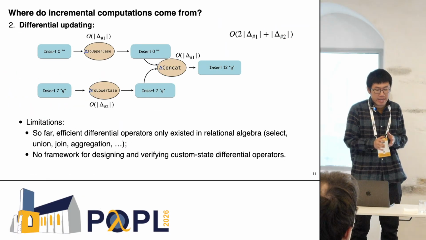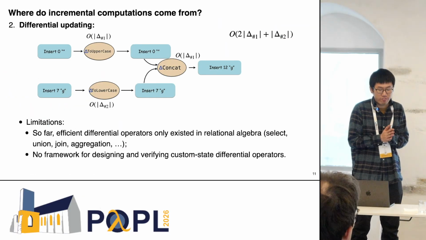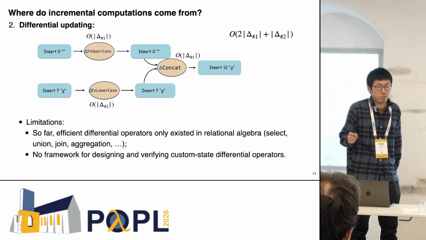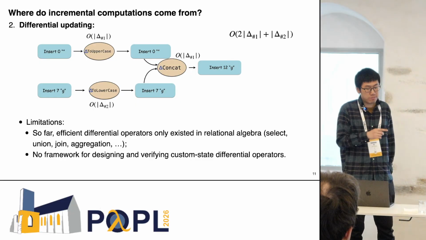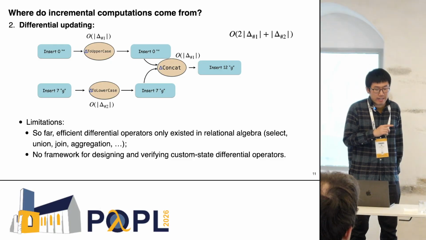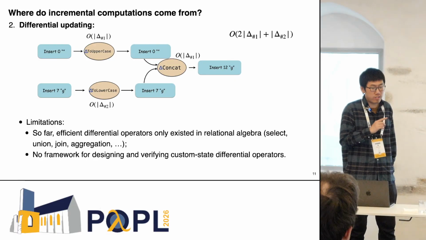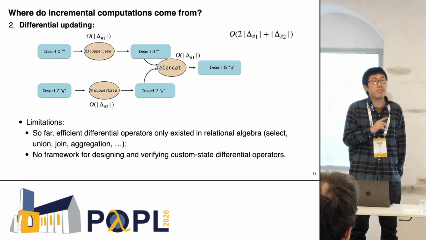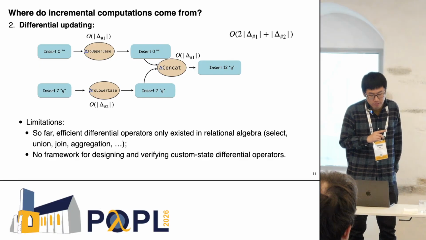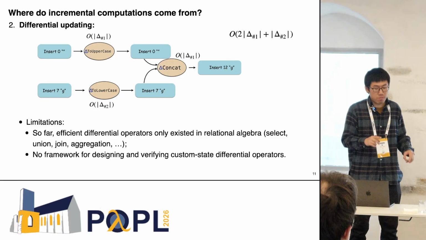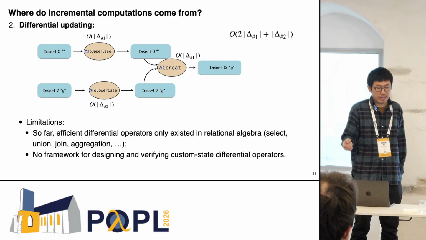So if we come back, we can observe that if we use the differential updating approach to incrementalize this computation, the time complexity will just be proportional to the change size instead of the input size. And so this is a more effective approach for incrementalizing some computations.